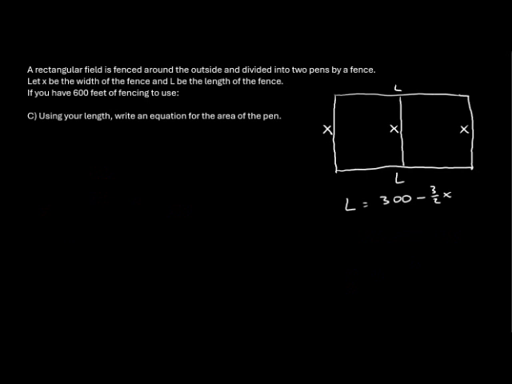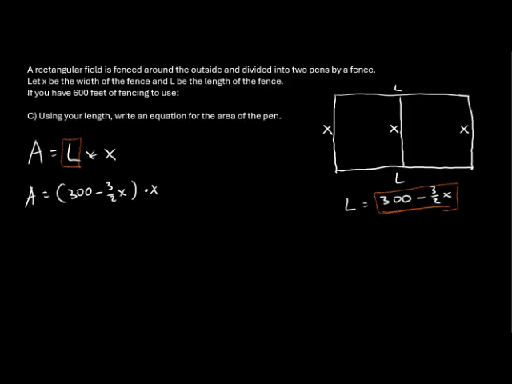Part C asks, using your length, write an equation for the area of the pen. To find area of this rectangle, we'll take length times width. The length is L, and the width is x. But now we may replace the L with the 300 minus 3 halves x we came up with earlier. We can now say area is equal to the binomial 300 minus 3 halves x times x.